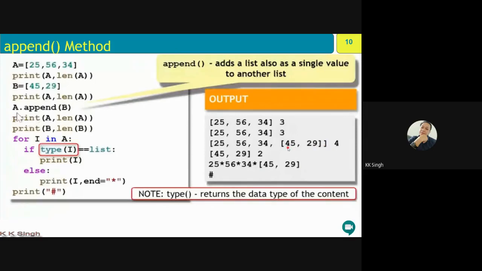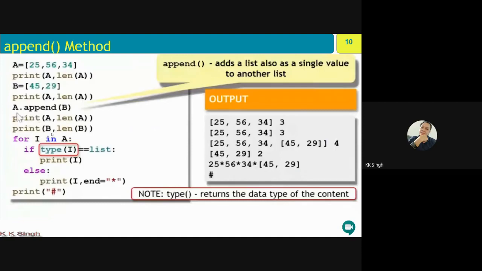So A30 prints 45, and A31 prints 29, but the number of values is 4. When you print B and the length of B, B is 45 and 29, and the length of B is 2.